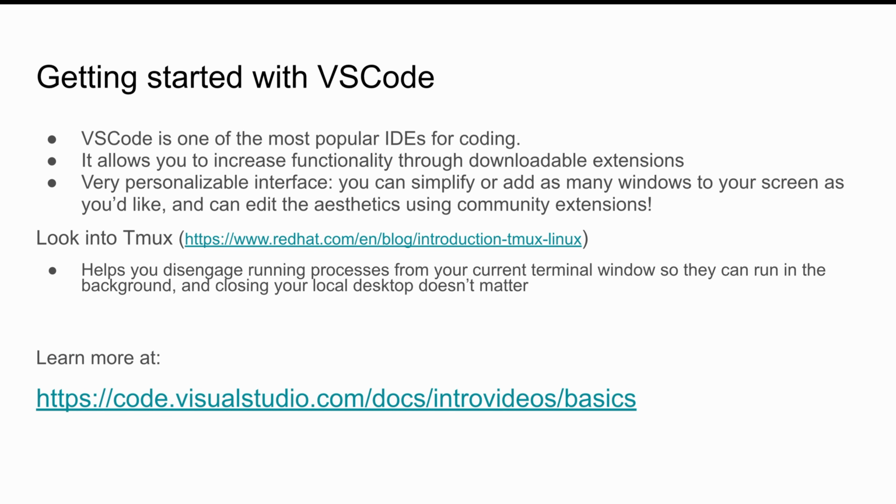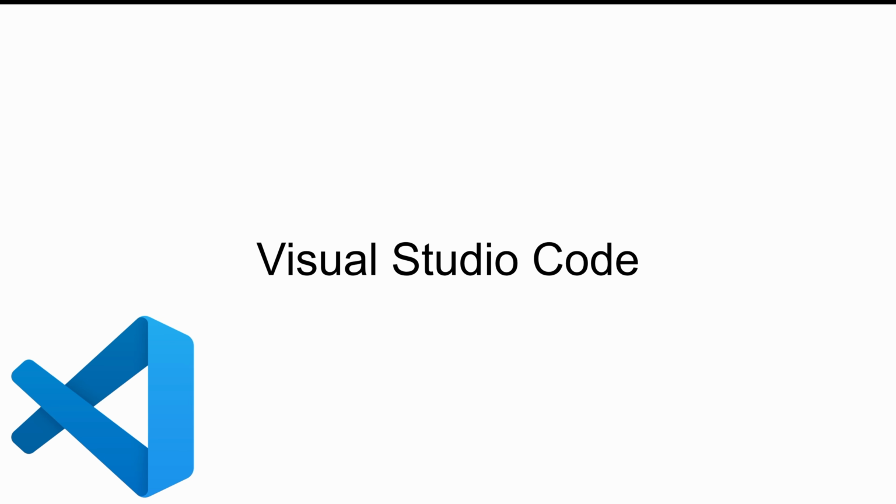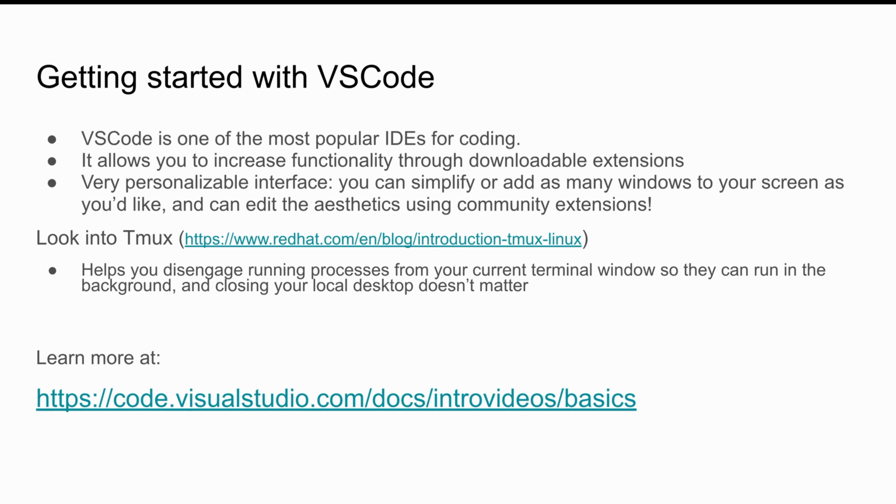So the next thing we're talking about is Visual Studio Code. Visual Studio Code is my favorite code editor. I think it has taken over the industry and general computational work over the last decade since Microsoft released it. It's fully open source. It is made by Microsoft, but it's free, and you're welcome to edit it any way you want.